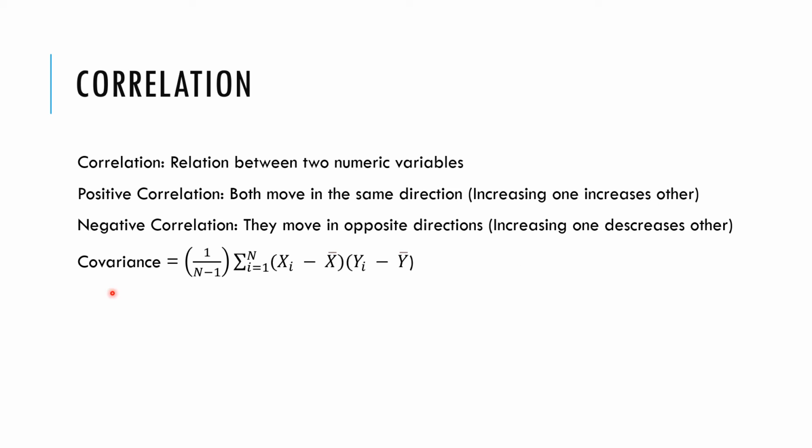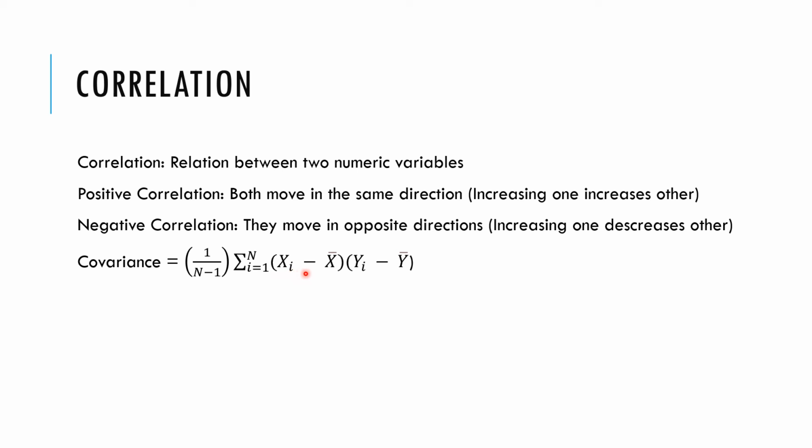Now to know how to calculate correlation, we need to know what covariance is. So covariance is defined by this formula, 1 by n minus 1 because we are using sample data. If it is the entire population, then 1 by n. There are two variables, x and y.